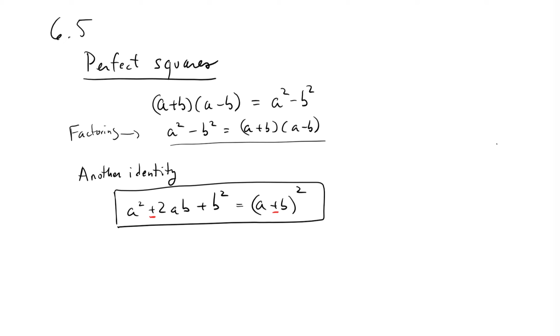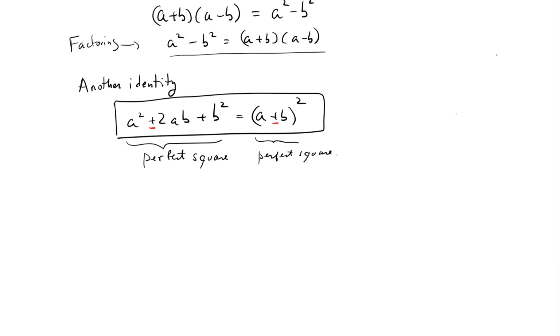This is called factoring a perfect square, because we can express it as something squared. This is really a perfect square, just like 9 is a perfect square because I can write it as a product of two integers. So that's the idea here.